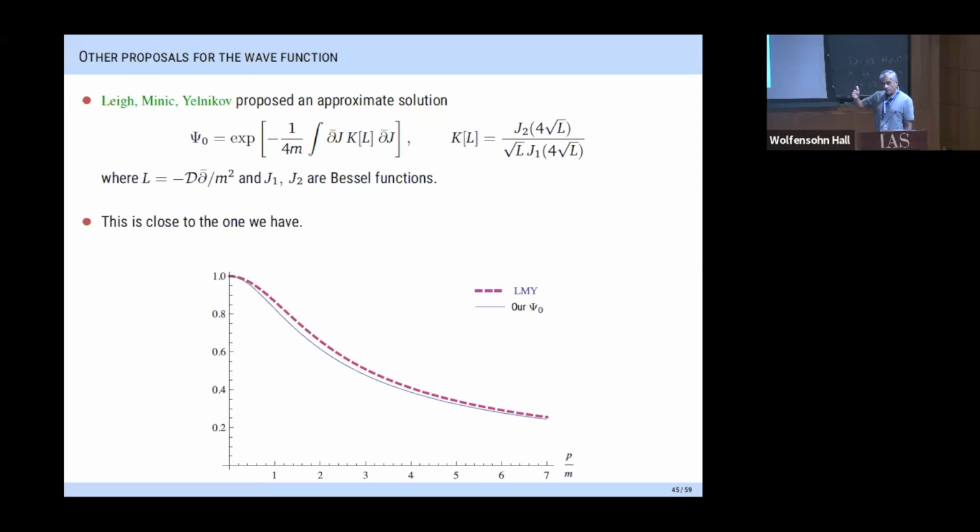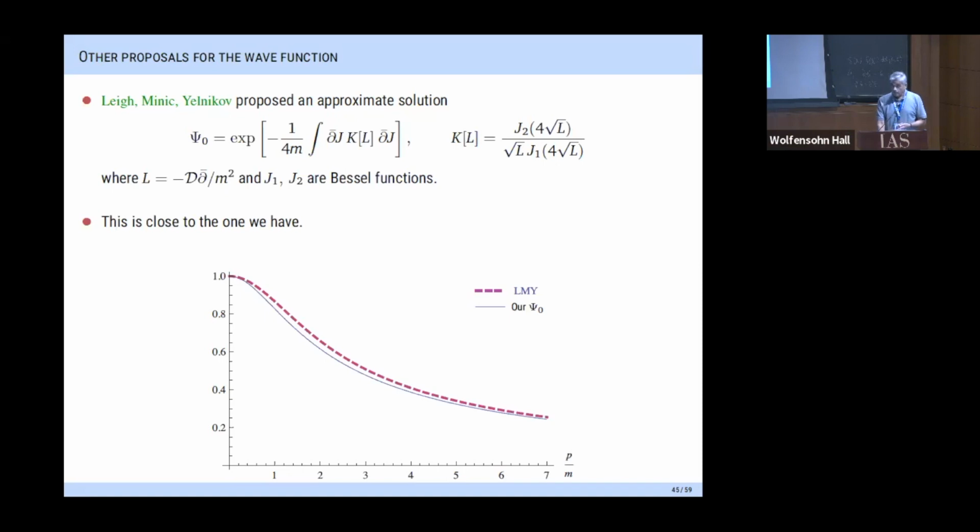The first order they can calculate. Beyond that, it is difficult to calculate, but they made an ansatz for it, which may be true, may not be, but they were able to then sum it up and write this proposal. If you actually match this to the wave function that I showed you, they're very close to each other. So they're not very different in terms of momentum dependence or the kernel. Okay, so that's one of the proposals.